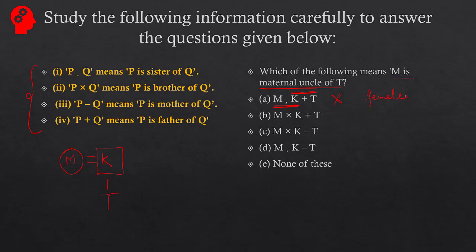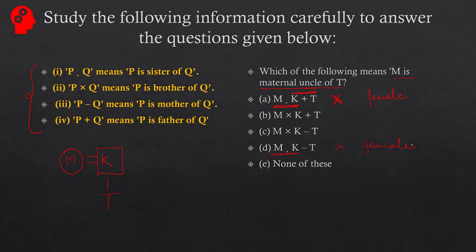So that is not my answer. On the same logic, we can rule out option D as well, because here also M comma K, that means M would be sister of K. So here again M will come out to be a female, cannot be my answer. So we have ruled out the first two options even without solving.